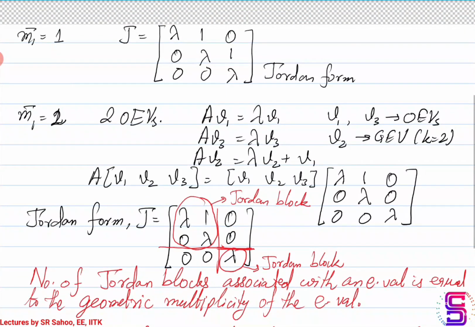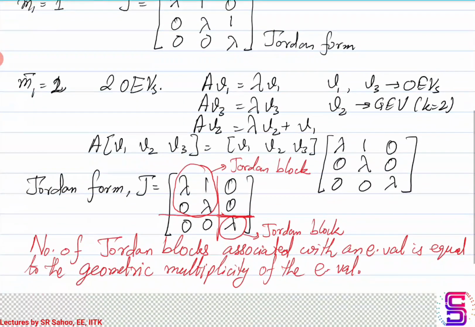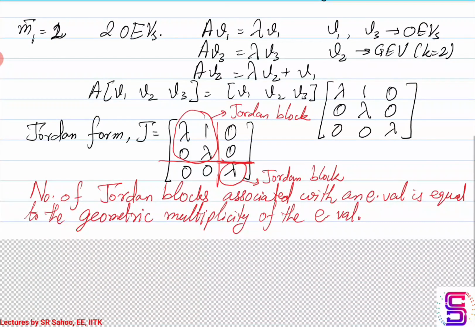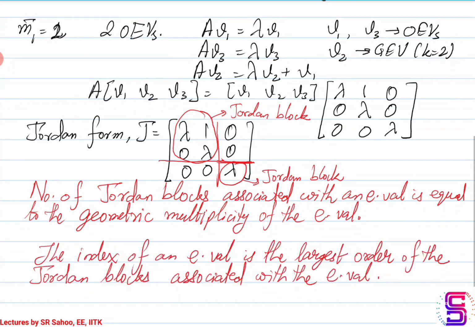For example, in the first case, when the geometric multiplicity was 1, you will have only one Jordan block corresponding to the eigenvalue lambda, and the index of this eigenvalue is 3.